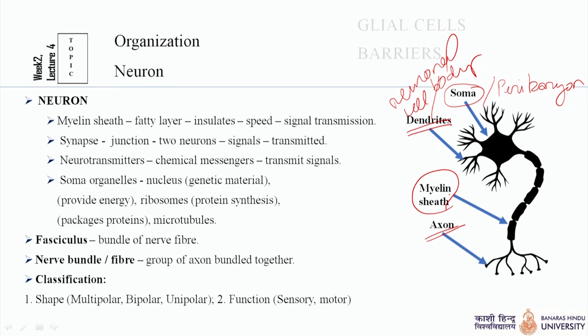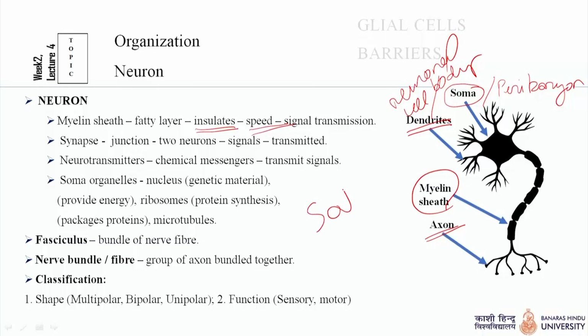The myelin sheath is a fatty substance, made up majorly of lipid. It acts as an insulating layer because of the fatty layer, and it helps in the speed of conduction of the signals. Due to that, the signal transmission looks like creeping in nature. That is called saltatory conduction.